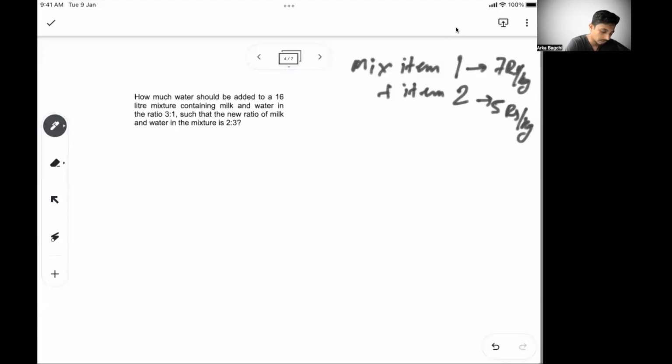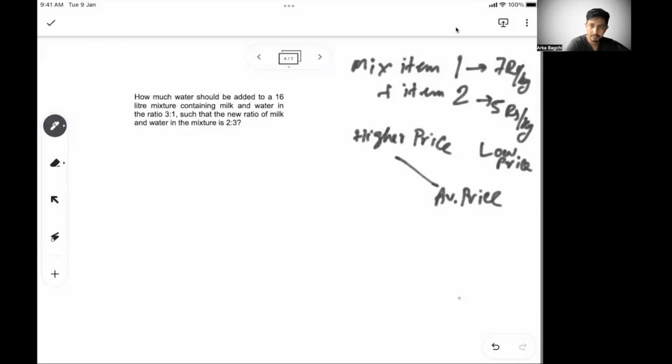So then it's basically how you calculate: higher price, average price, and this is low price. I'm just revisiting the graph. Low price here is 5, higher price is 7.